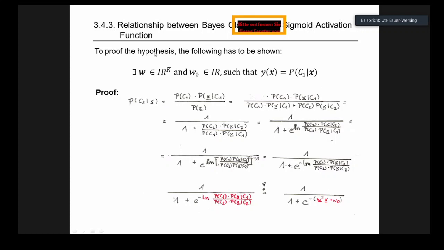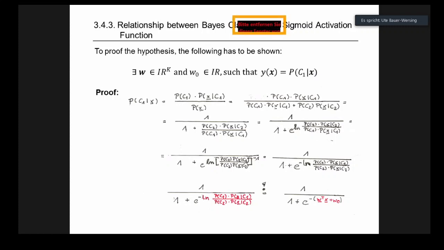So what we are going to show is that there exists a weight vector W and a bias W0, such that the output of the neuron equals the posterior probability of class C1.